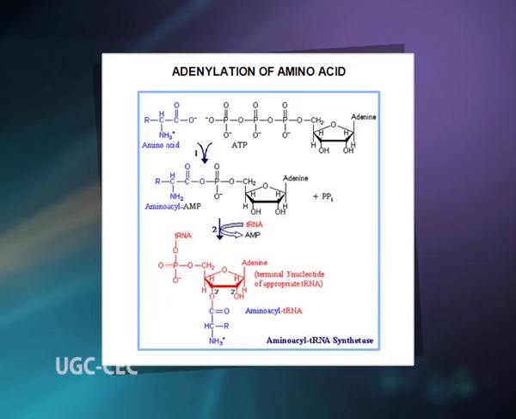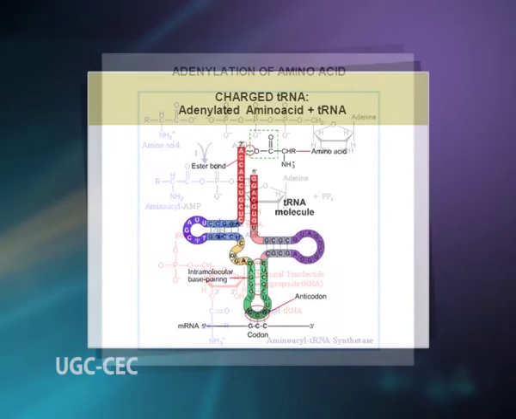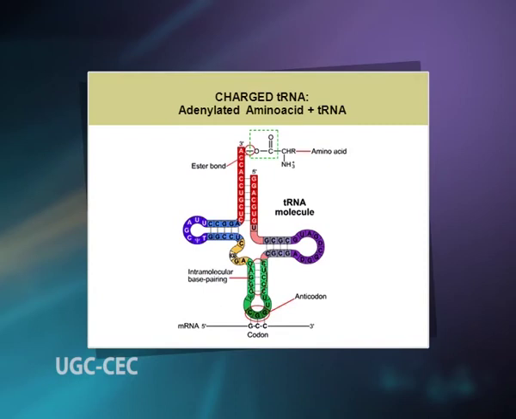tRNA is charged by forming an ester bond between the COOH group of the amino acid to the 2' or 3' OH group of the adenyl group at the end of the acceptor arm, as shown in the following figure. The charging of tRNA is catalyzed by the enzyme amino acyl tRNA synthetase.